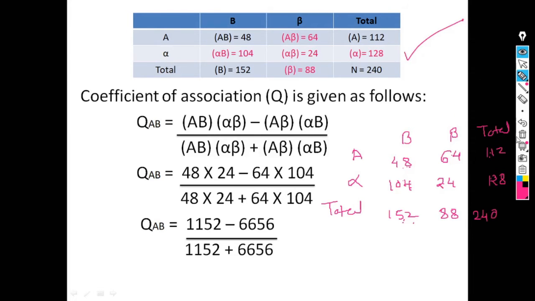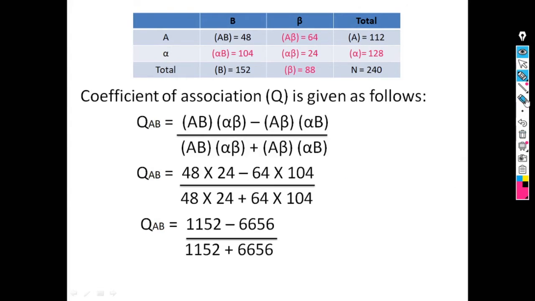Now we have to calculate the Yule's coefficient of association. Yule's coefficient of association between A and B is given by the formula Q of AB is equal to AB into alpha beta minus A beta into alpha B, divided by AB into alpha beta plus A beta into alpha B. Now just substitute all these values and calculate the answer.